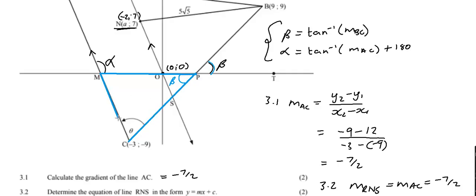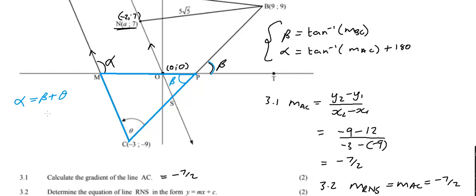If you're looking at this angle MPC, then you will see something special. Beta and theta are interior angles, while alpha is an exterior angle. What does this mean? It means alpha is going to be equal to beta plus theta.